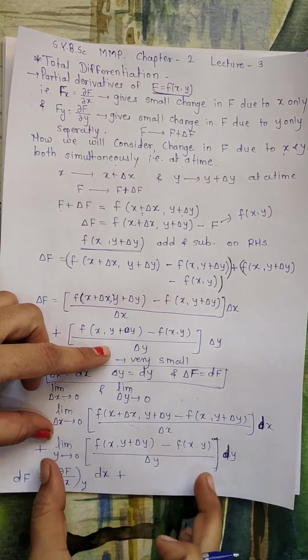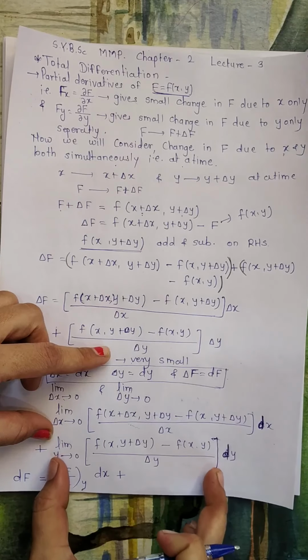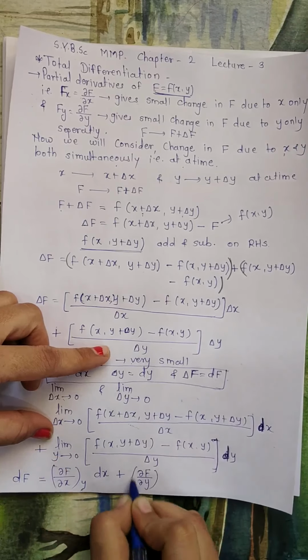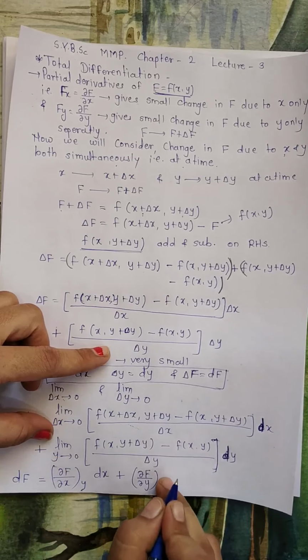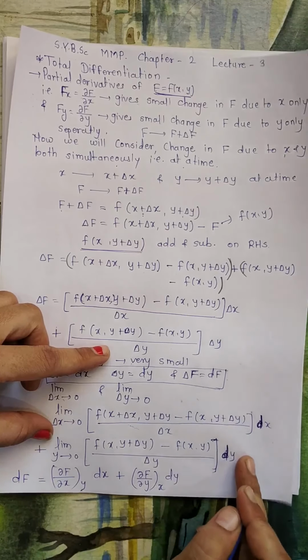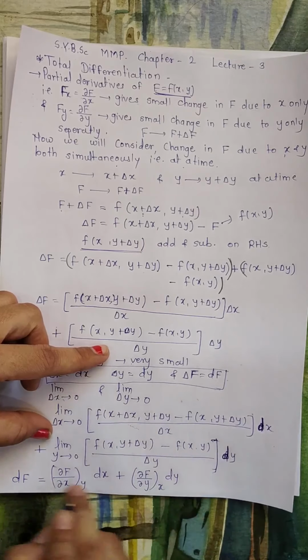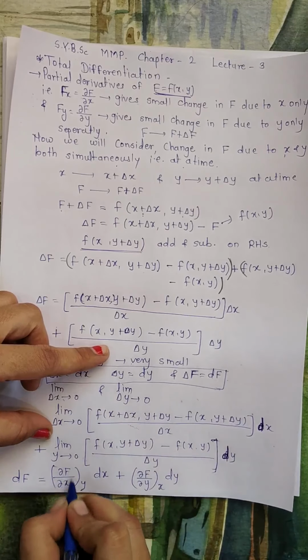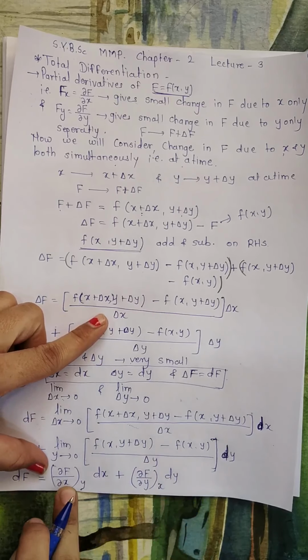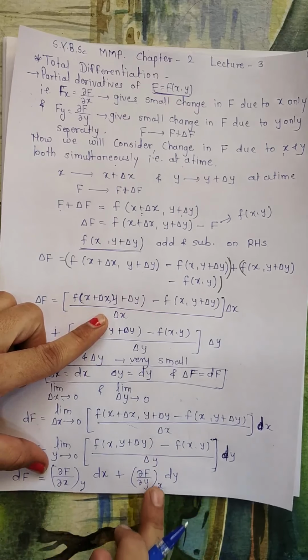and here it is dx as it is, plus this whole quantity is nothing but dou f upon dou y at constant x into this dy as it is. In short, we denote the first order partial derivatives as fx and fy.